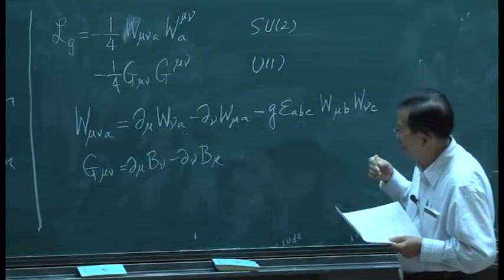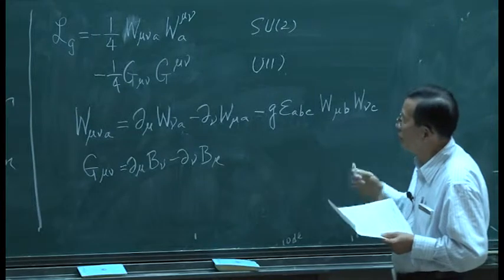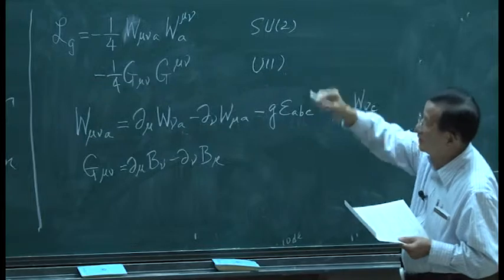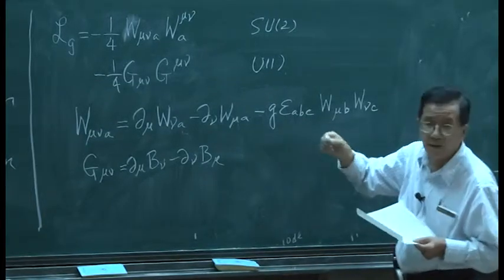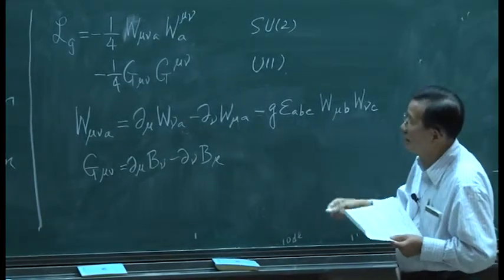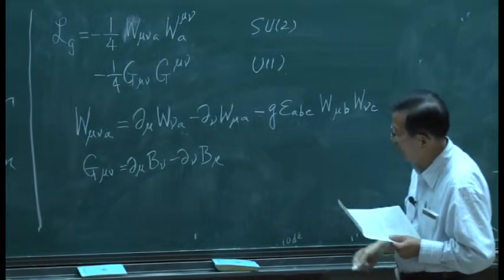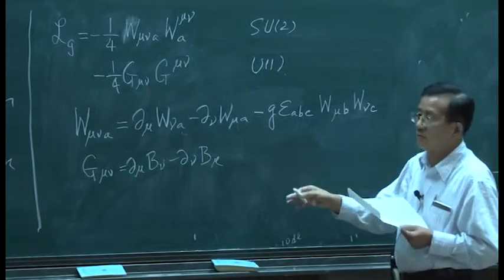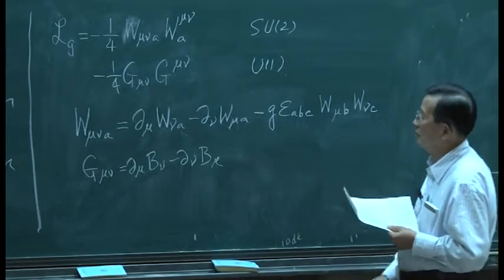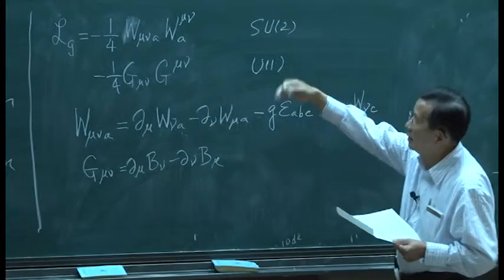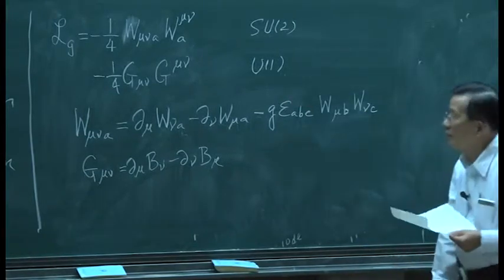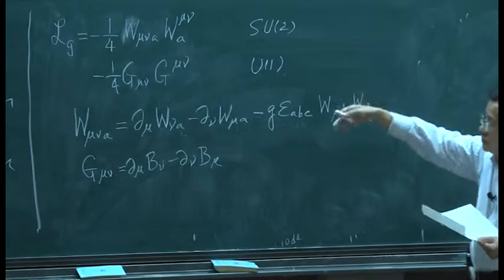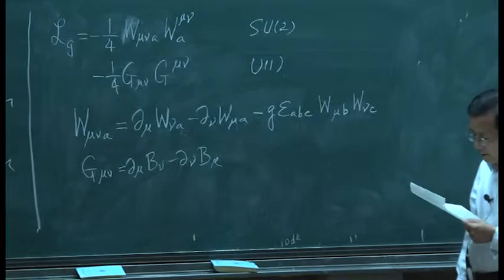Namely, people realized the only way to give the vector particles a mass and still maintain that the theory is renormalizable is to use the Higgs mechanism for a gauge group. So the two together, you are led to the idea that the only way you can do this is to use non-abelian gauge theory. Okay?